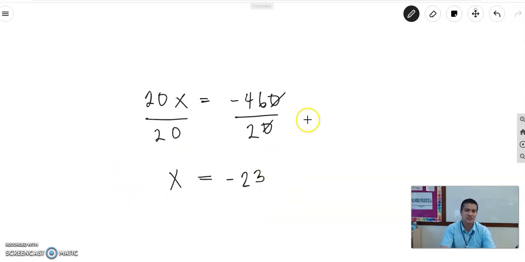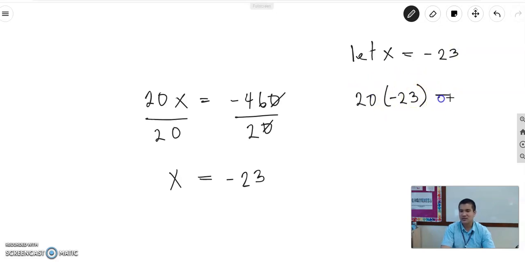To check again, let x equal negative 23. Then 20 times negative 23 equals negative 460. So negative 460 equals negative 460.